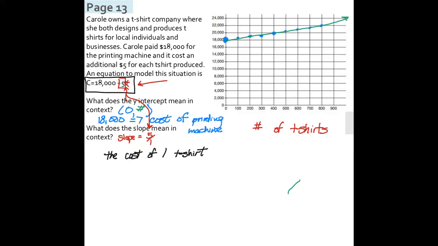And the slope is the amount that it costs her. The cost of one t-shirt for Carol, I should say. She's not selling them for that. That's how much it costs her for the t-shirt. Okay? All right.